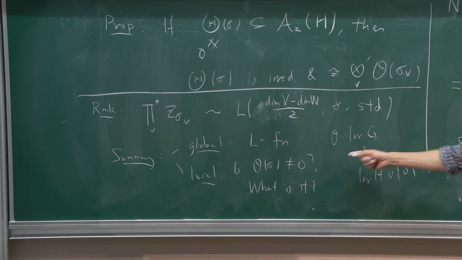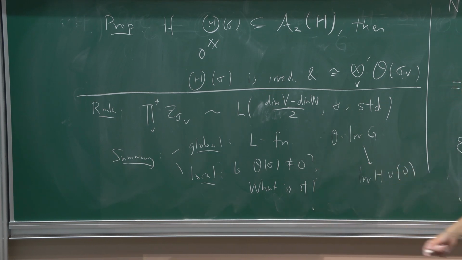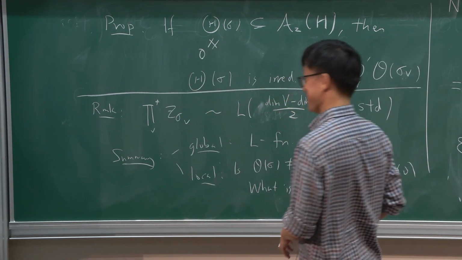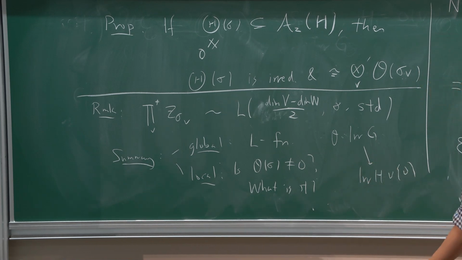What is the fiber of 0? That's what this question is, right? And to answer these questions, it's very helpful to have a classification of these guys, because otherwise it's very hard. You don't have the language to express the answer. Okay, so it's at this point that it's helpful to have the local Langlands correspondence.